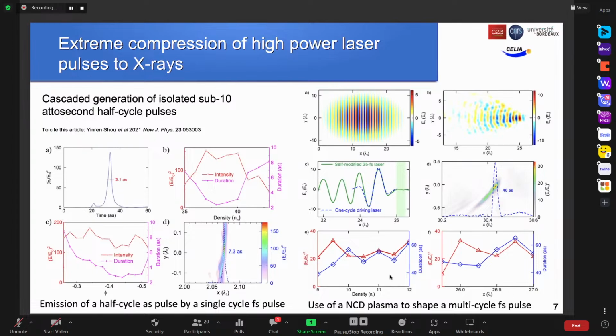If you choose well the parameters of this near critical density plasma, you will mostly get the interaction of a single cycle near-infrared pulse that will be able to create this single cycle attosecond pulse here. These are just simulations, of course, and this will need to be explored experimentally.